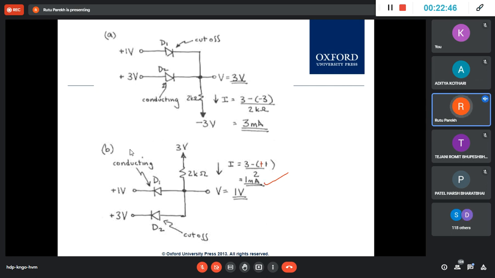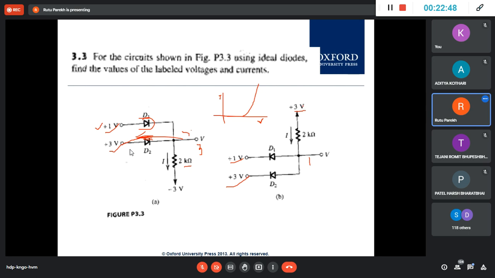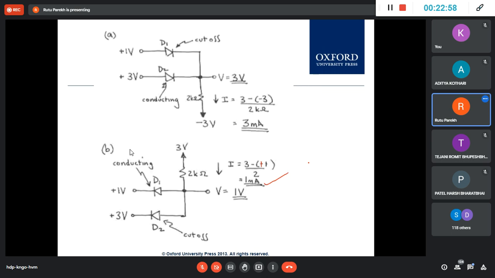Okay, 3 minus 1, divided by 2. This was 3 minus 3. This is 3 minus plus 1. That is 1 milli. Okay? And this will go into cutoff, this will be conducting.